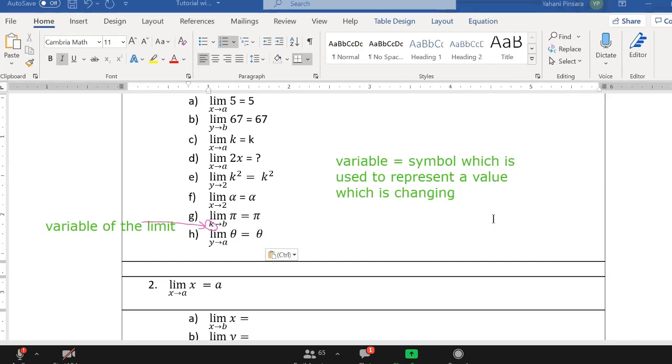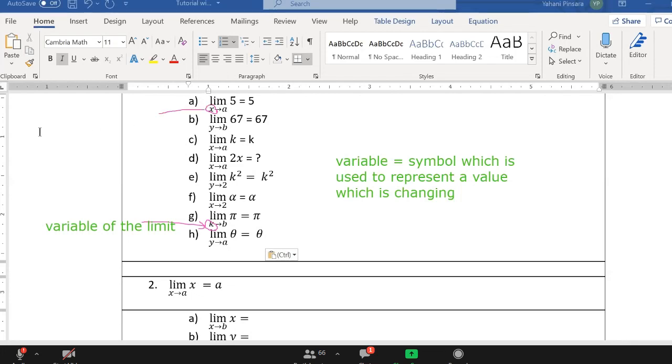How to put k or theta graphically? Normally, if we take this one, this is the independent variable, right?